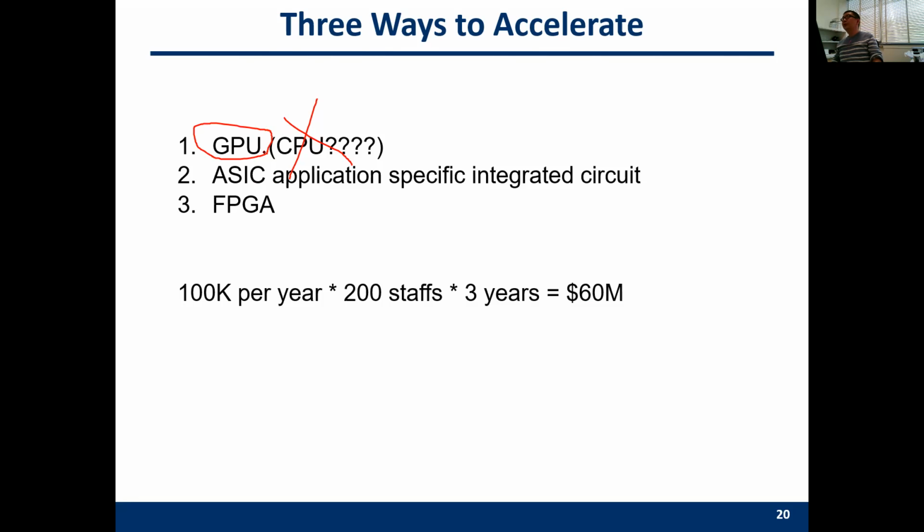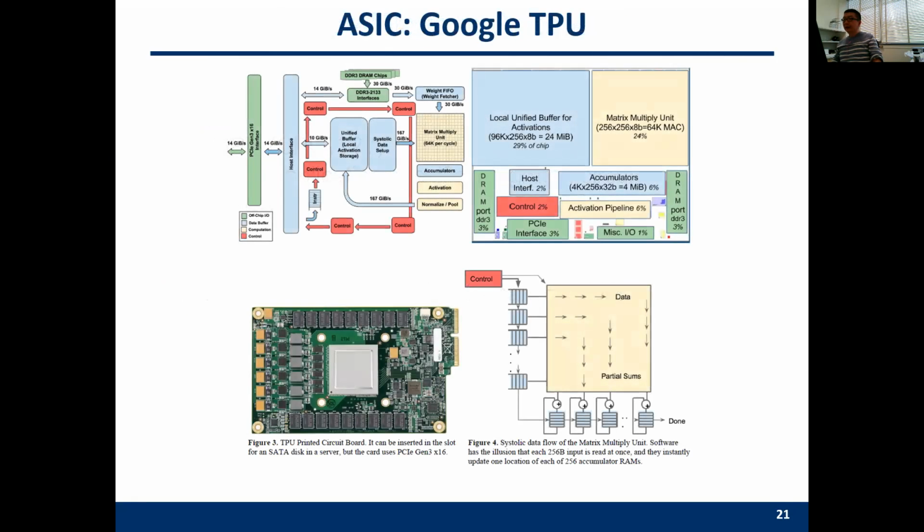For a more flexible and more energy efficient hardware solution, we need to consider the ASIC design and the FPGA design. ASIC design is very expensive. But compared to the ASIC design, FPGA design is more flexible. This is the TPU from Google. It's the typical ASIC design.